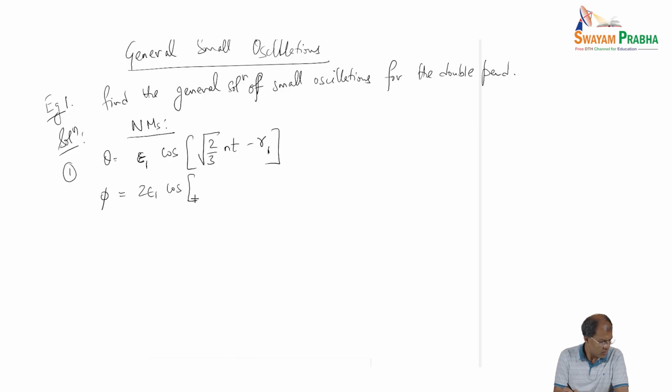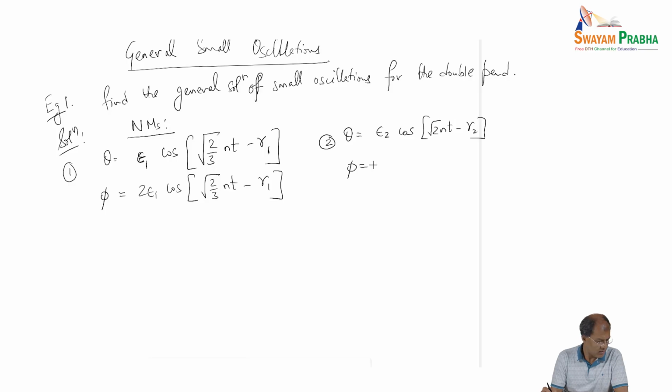The second solution was theta given by epsilon 2 cos of square root 2 nt minus gamma 2, and phi is minus 2 epsilon 2 cos of square root 2 nt minus gamma 2. Okay, so then we would like to write the general form of the solution.